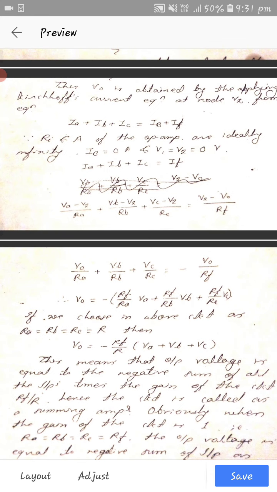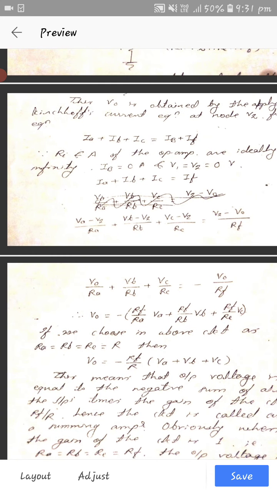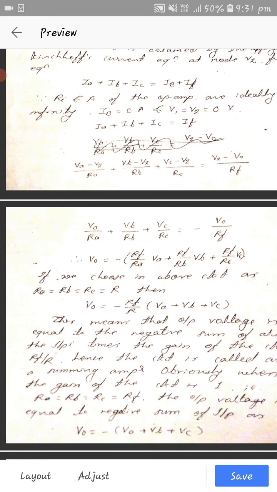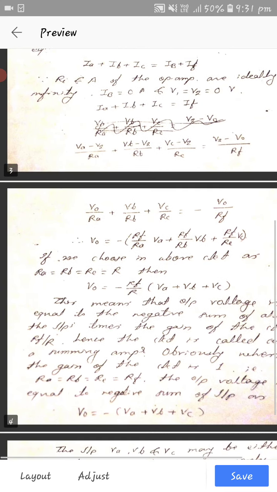Here the IA current is flowing through the input, VA voltage minus V2 upon RA resistor, plus VB voltage minus V2 voltage upon RB resistor, plus VC voltage minus V2 upon RC resistor, is equal to the feedback current, which is the V2 voltage minus V0 output voltage upon the RF feedback resistor.